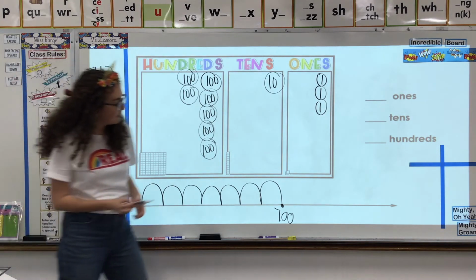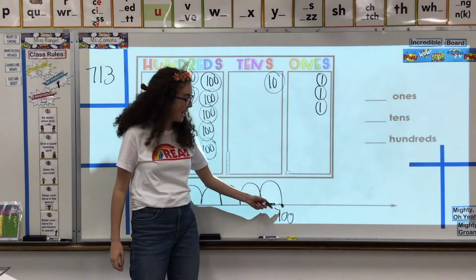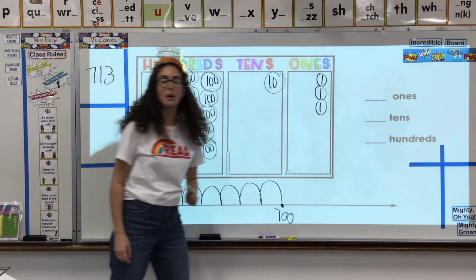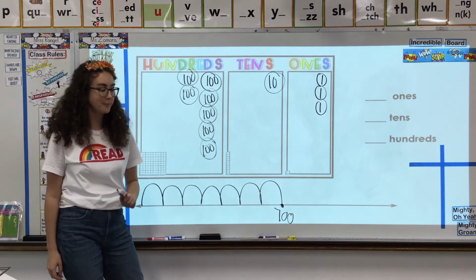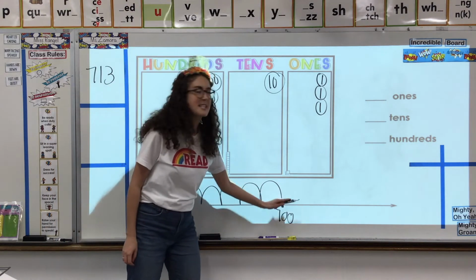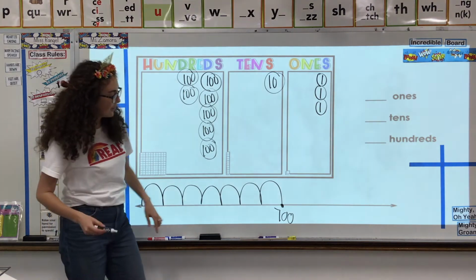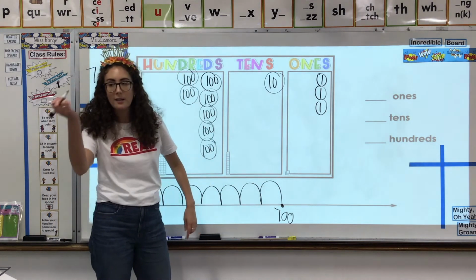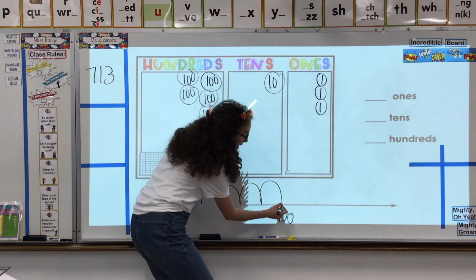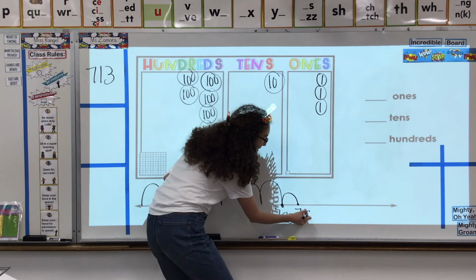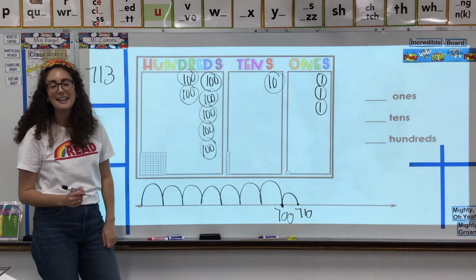And remember, are our tens going to be bigger or smaller than our hundreds? They're going to be smaller because it's a smaller unit. Okay, here we go. We've got 700. When we add a 10, we're going to get 710. Exactly. Good job.